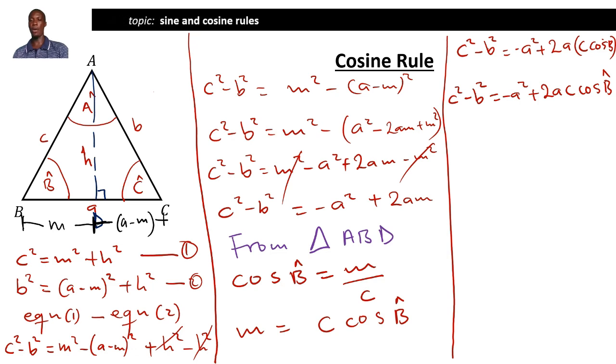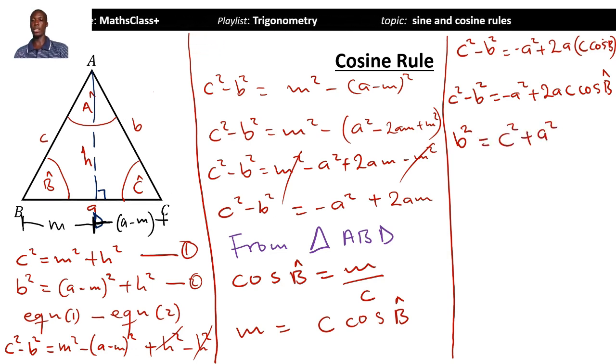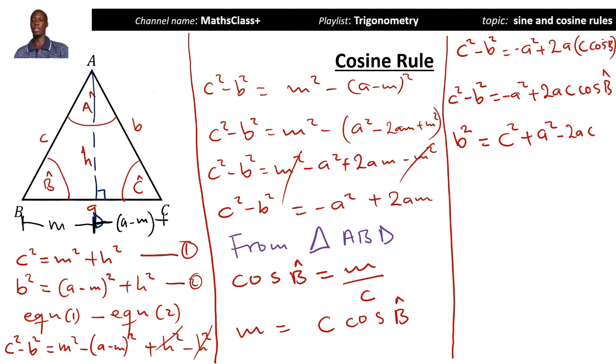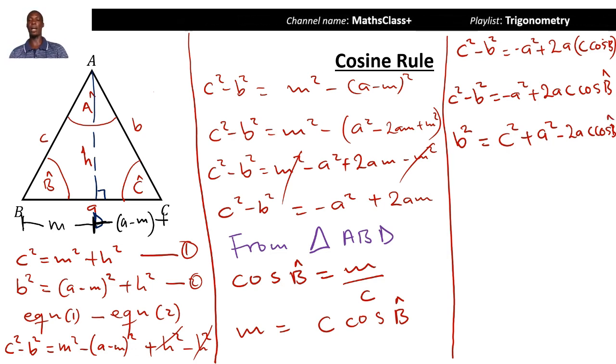Okay, now I will rearrange them and have it as b squared is equal to c squared plus a squared minus 2ac cos b. And that is what we have as our cosine rule.